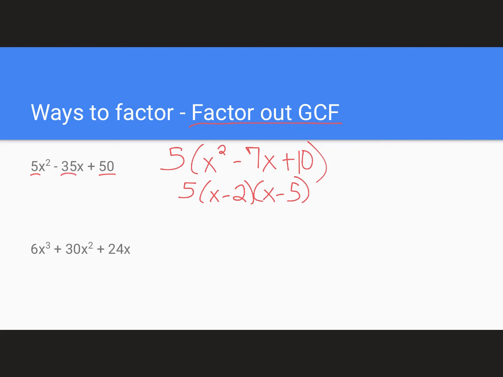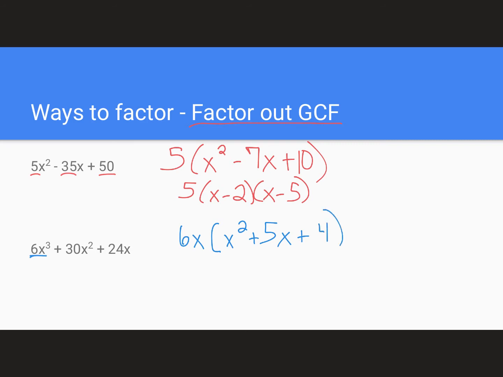Easy enough. We just had that extra step of pulling out our GCF before we go any further. Let's look at the next one. In this case, I have a 6x as our common factor. If I factor out the 6x, I'm left with x squared plus 5x plus 4.